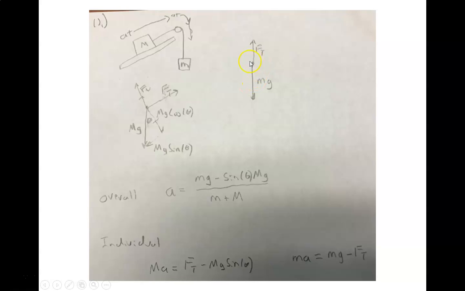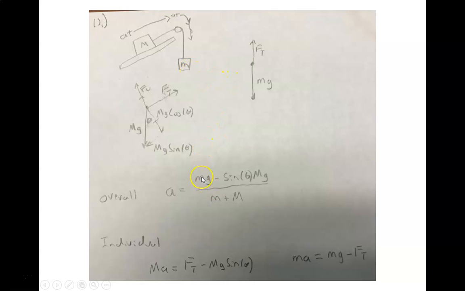So if we look over here, we've got f sub t. That doesn't count because it's within the confines of my box. Mg, gravity, cuts through the box, so that is going to cause some acceleration. That is a positive effect because down is positive.